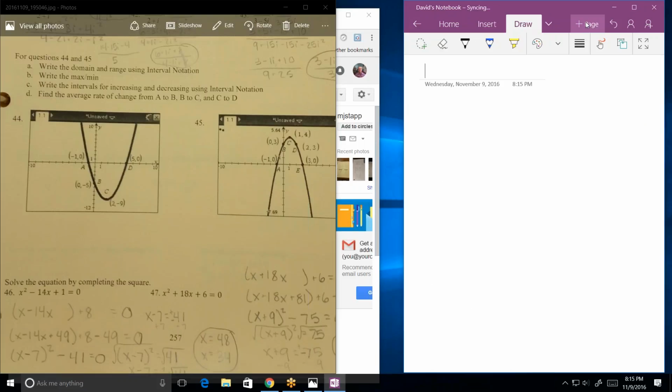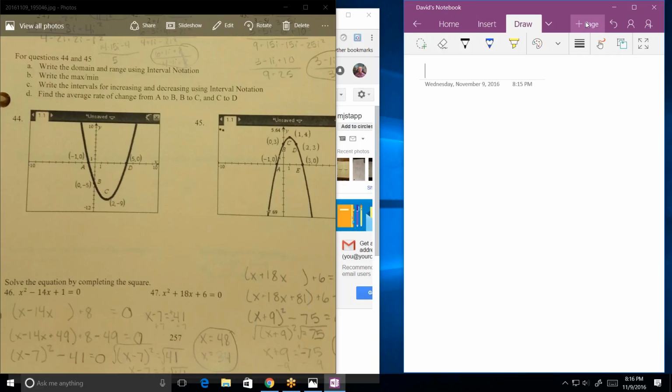Okay, when they want average rate of change, they're asking for rise over run. That's what they're asking for: the slope. That's why they've spent so many years teaching you about slope, because it's also fundamental to calculus. That's what calculus is all about, slope.